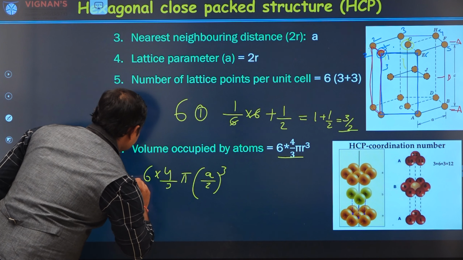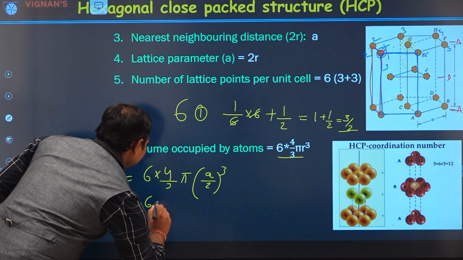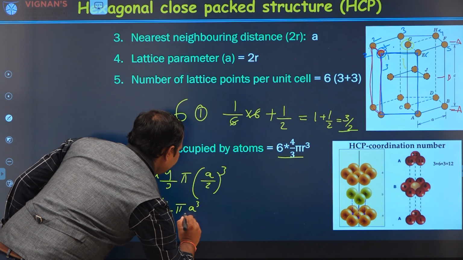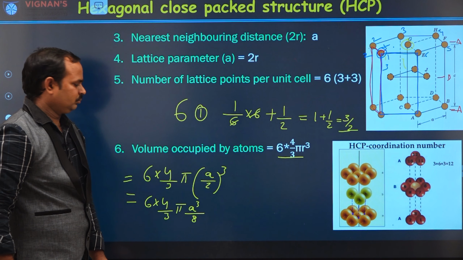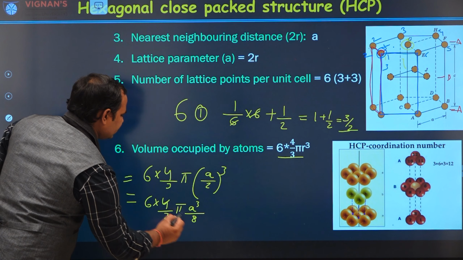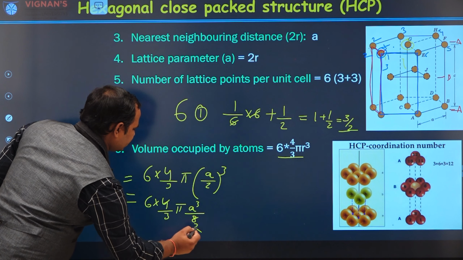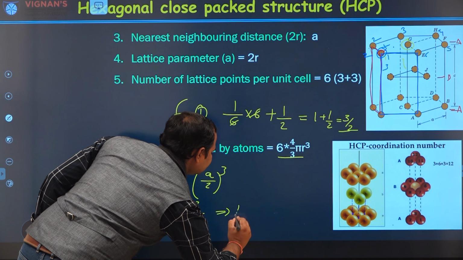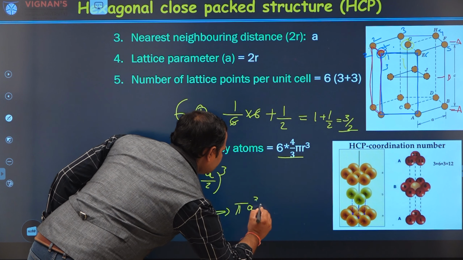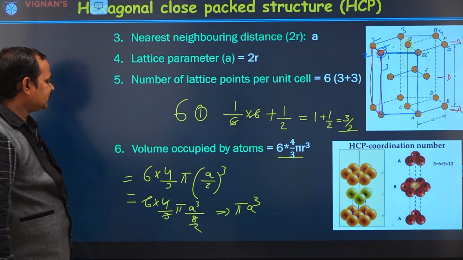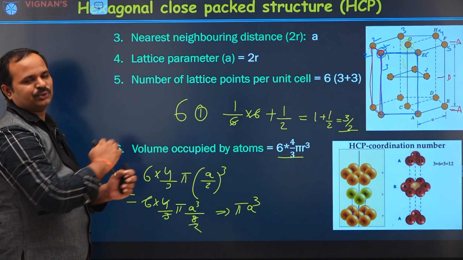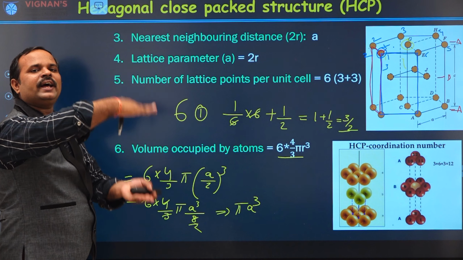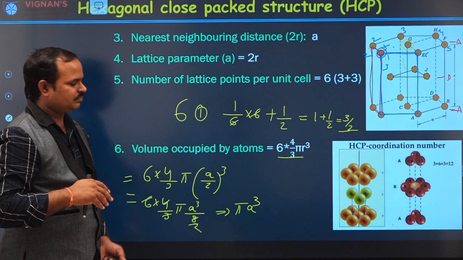That gives 6 into 4/3 pi a cube by 8. Now the 2 and 3 cancel with 6, so the remaining is pi a cube by... This is the volume occupied by the atoms in the unit cell.